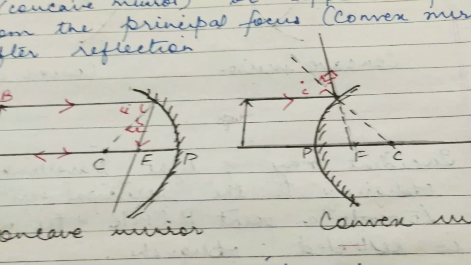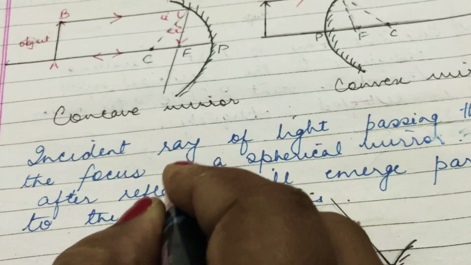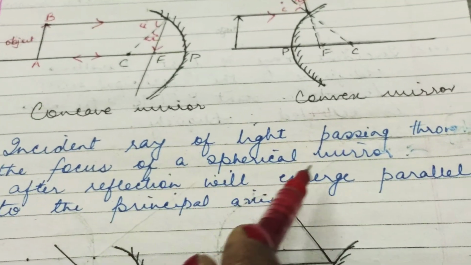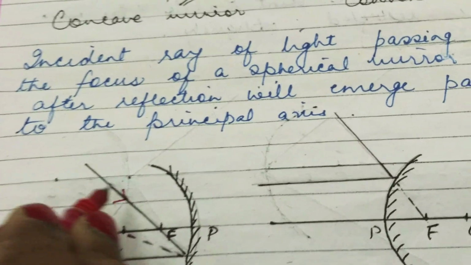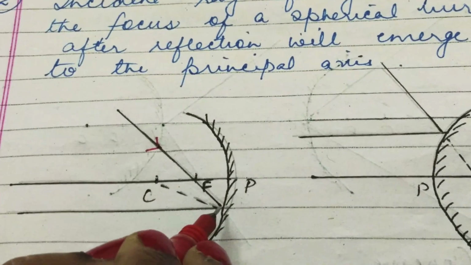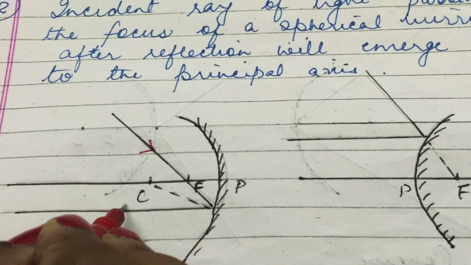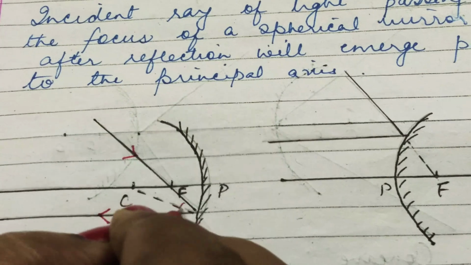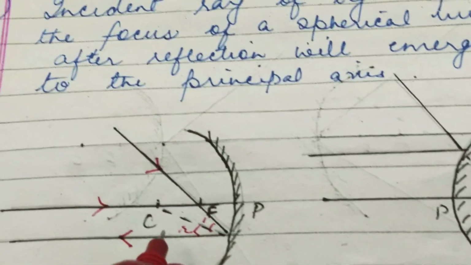Now let us see the second rule. The second rule says that an incident ray of light passing through the focus of a spherical mirror will emerge parallel to the principal axis after reflection. So again this is angle I and this is angle R. This is the principal axis.